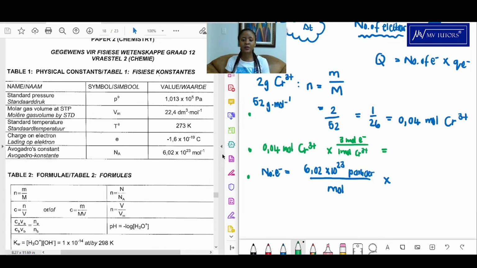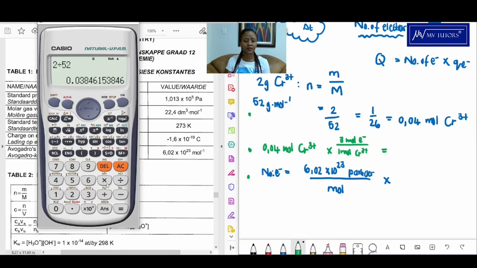So I'm going to multiply the 0,04 times 3, and at least I haven't gotten rid of that value. So we multiply times 3. I have 3 over 26, which is equal to 0,12 mole of the electron.